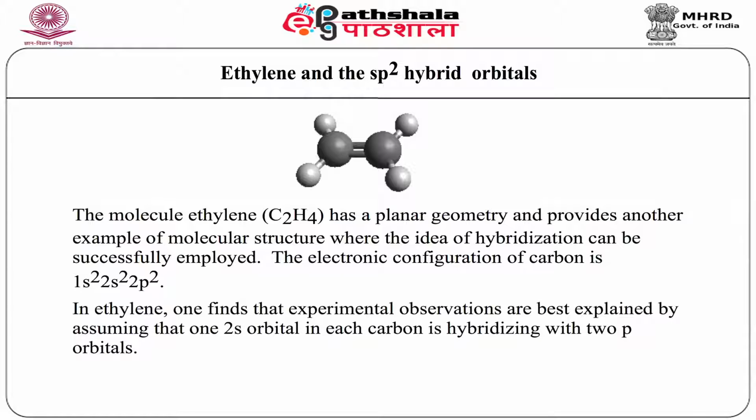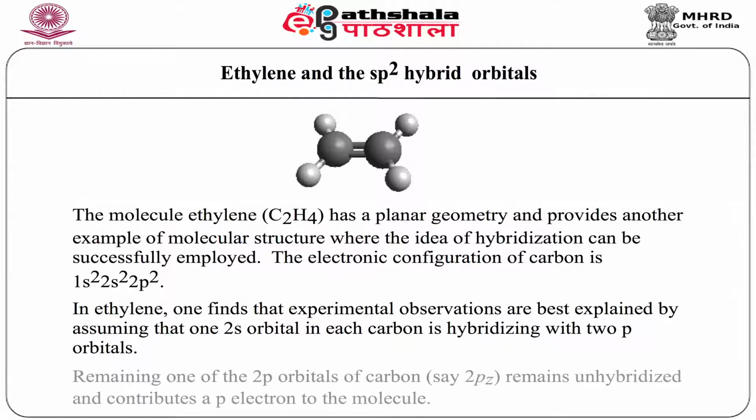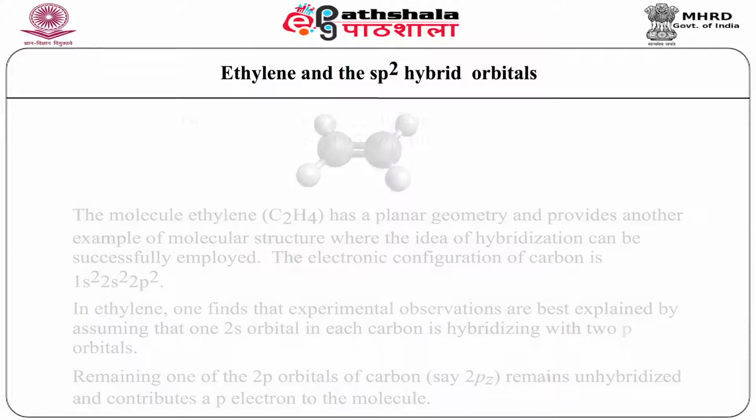In ethylene, one finds that experimental observations are best explained by assuming that one 2s orbital in each carbon is hybridizing with 2p orbitals. Remaining one of the 2p orbitals of carbon, say 2pz, remains unhybridized and contributes a p electron to the molecule.